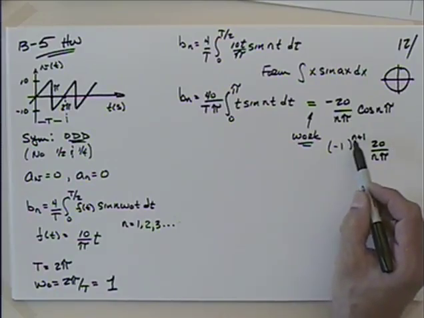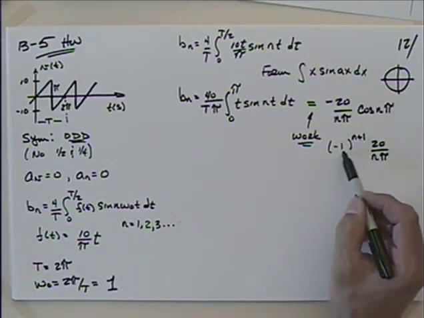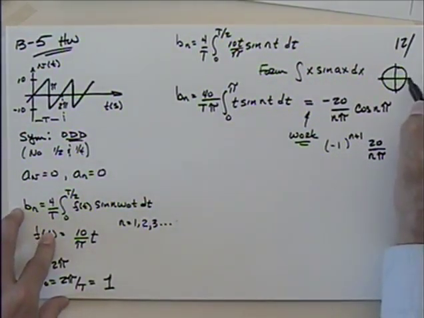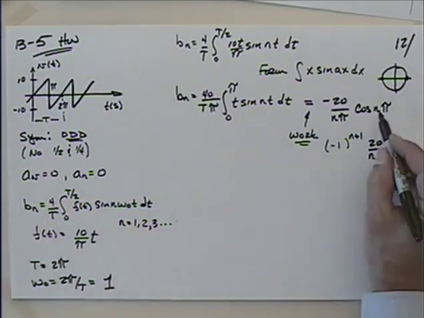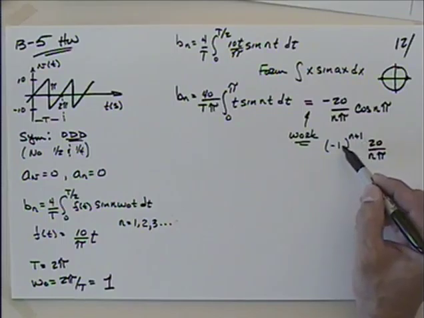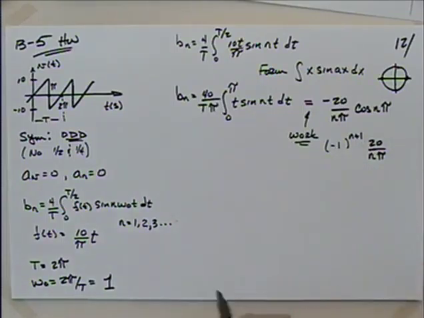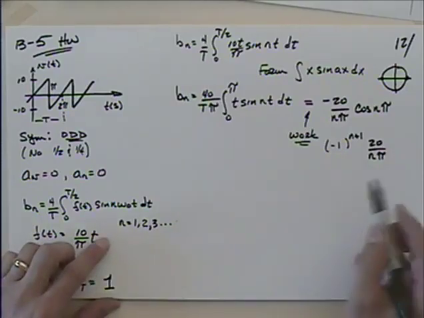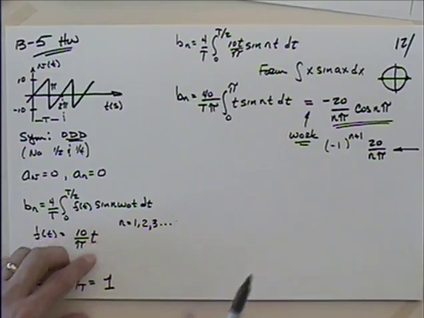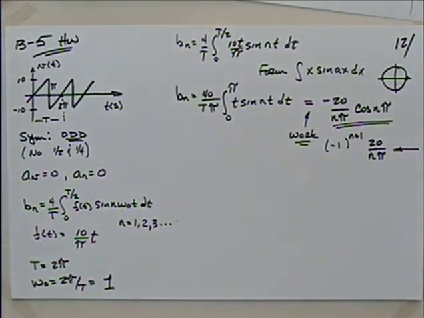What happens when n is equal to 1 here? I square that, so I become positive. I get the same value. When n is equal to 2, I get a positive 1, so I'll have minus 20 over n pi. When n is equal to 2 here, that's cubed, so that works. Thinking about the exam, I would not get panicked at all about this. I'll be perfectly happy to accept an answer like that.